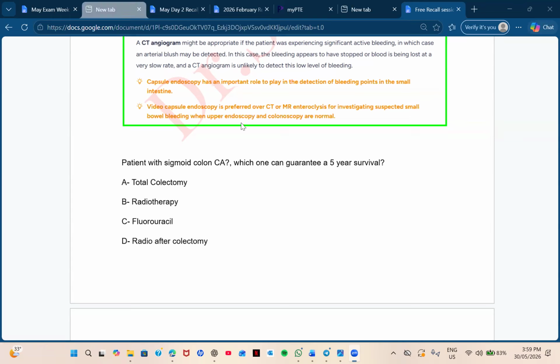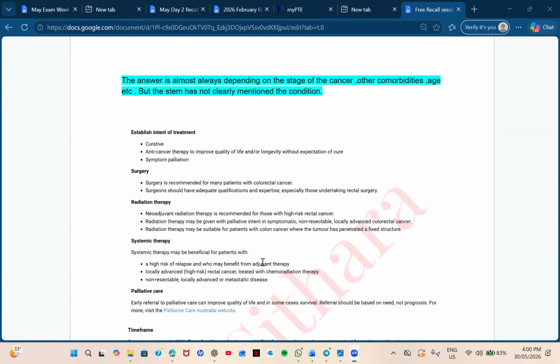Okay, you are choosing the curative treatment or other treatment. Tell me. The curative treatment is always the colectomy, right? Colectomy, right, doctors? Yeah. So we'll quickly discuss this one.